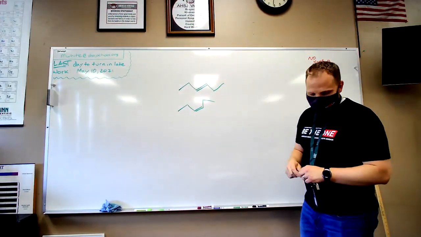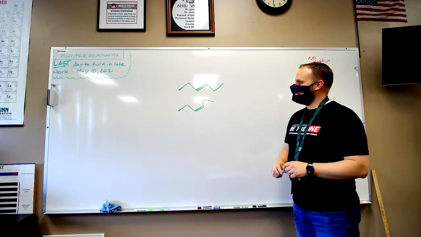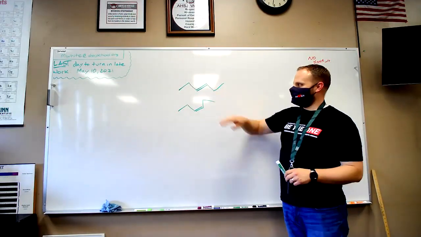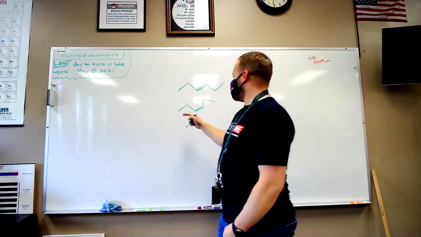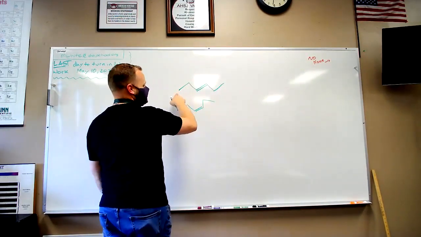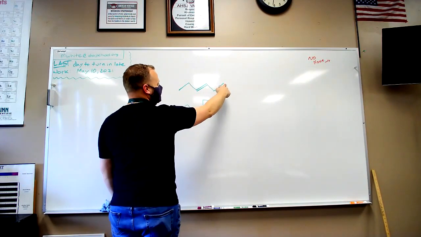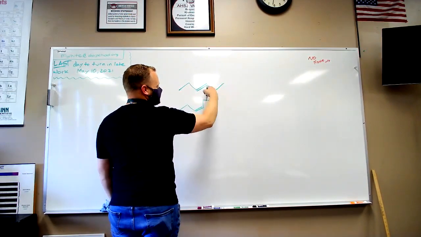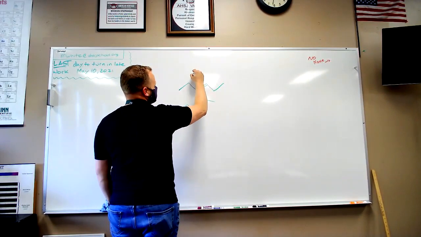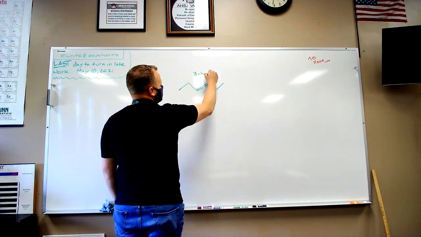Okay? So what you're going to do, you take the double bond here. And we count 1, 2, 3, 4, 5, 6. Doesn't matter which side we count from, 1, 2, 3. Okay? So both of these are going to be 3-hexene.